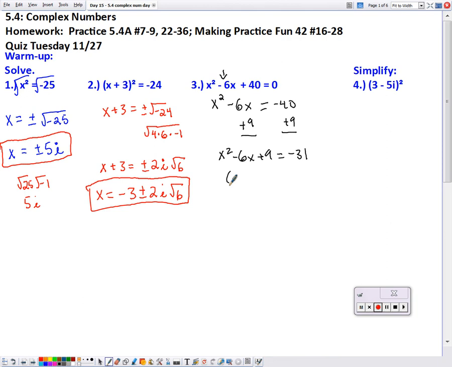I'm going to rewrite the left side as the square of a binomial because it's a perfect square trinomial. Now when I take the square root of both sides, I'm going to get x minus 3 equals plus or minus the square root of negative 31. There are no perfect squares that divide into negative 31, but I can rewrite it as i root 31.